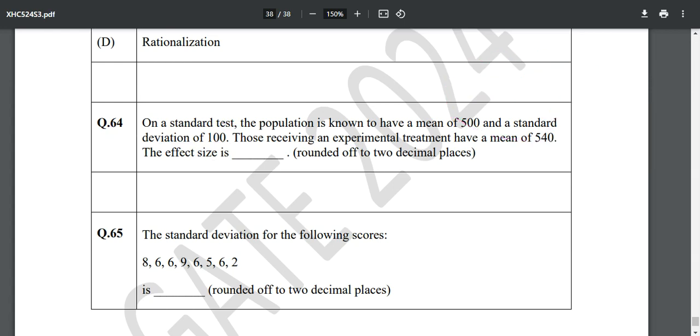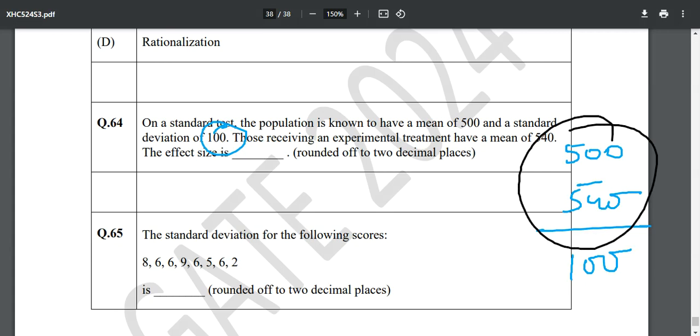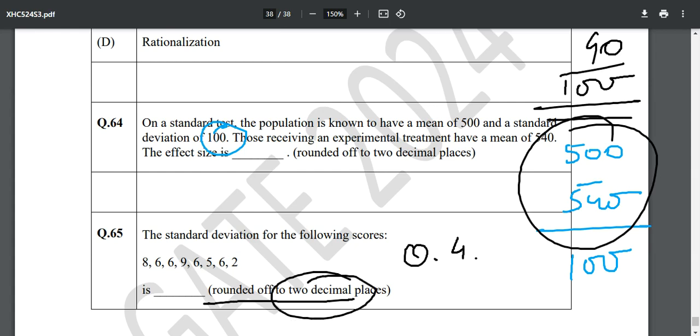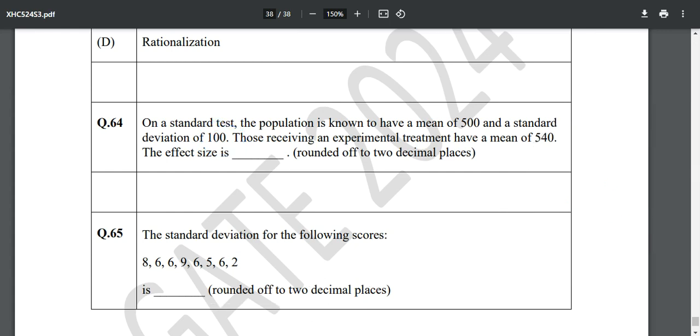It will be 500 minus 540 divided by the standard deviation, which is 100. When you calculate this, you get 40 by 100, and the answer is 0.4. Rounded off to two decimal places, 0.40 will be the answer. So the effect size is 0.40.